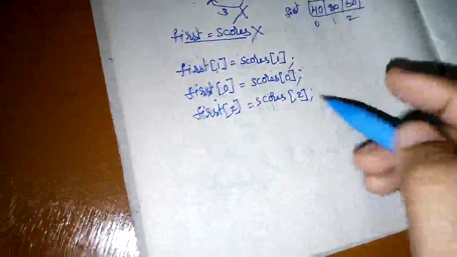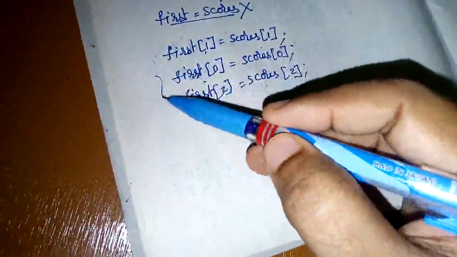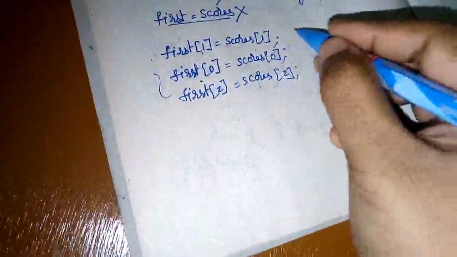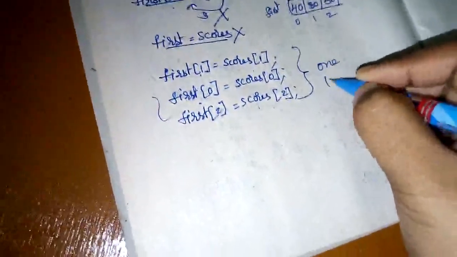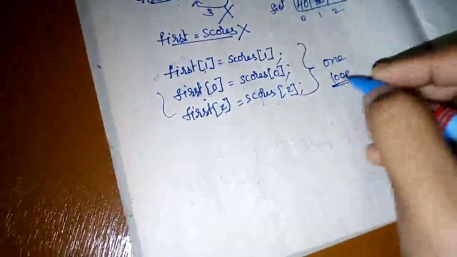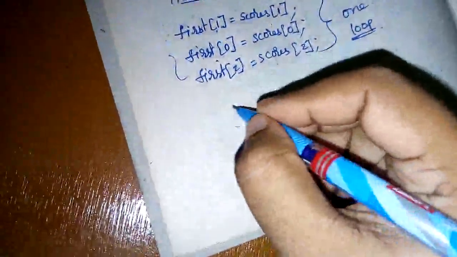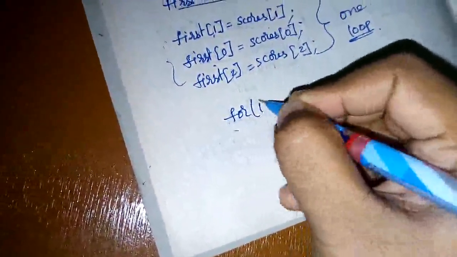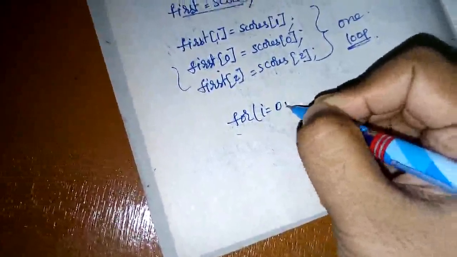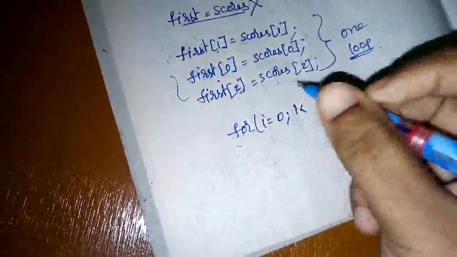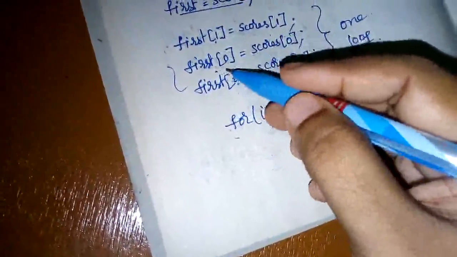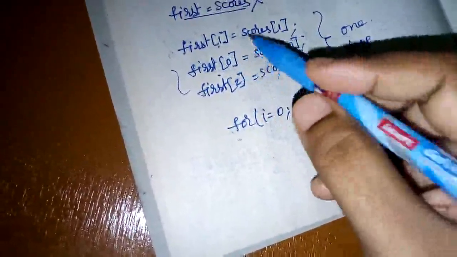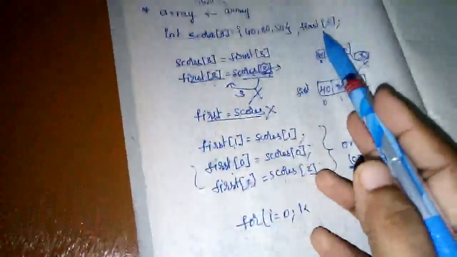As we have seen, we have written 3 statements; this can be reduced to one single statement using a loop. We'll see how we can do this. For i is equal to 0, i less than 3, i plus plus. We want to store the elements into the array first, and the size of the array is 3.